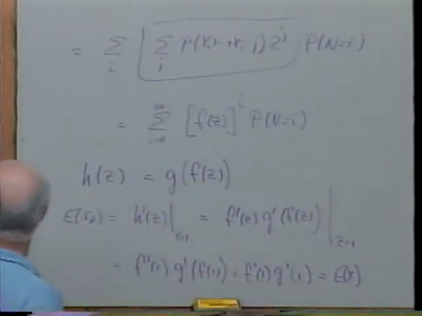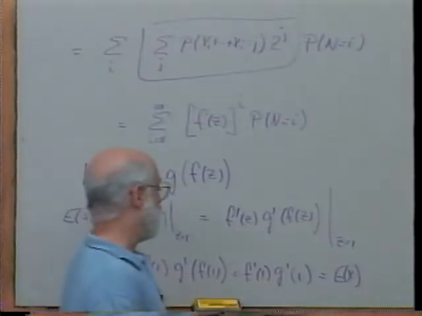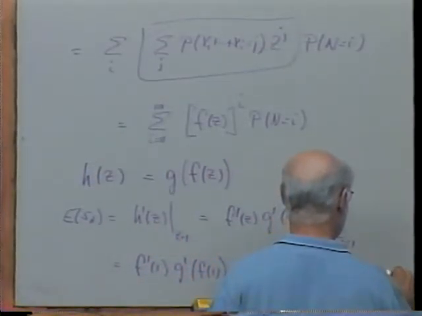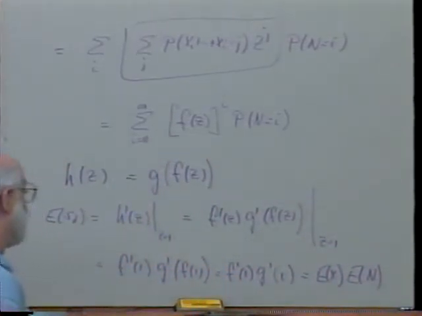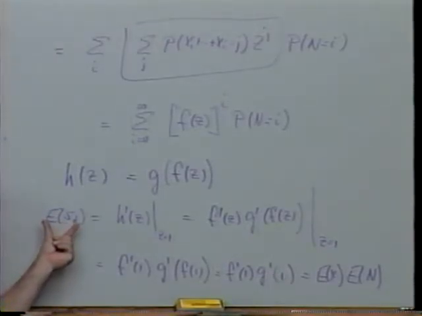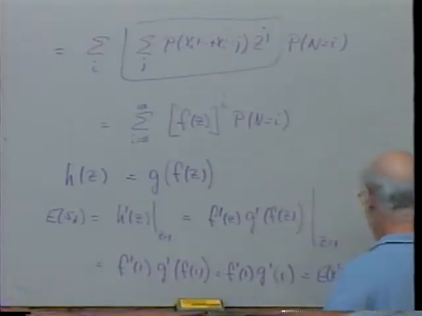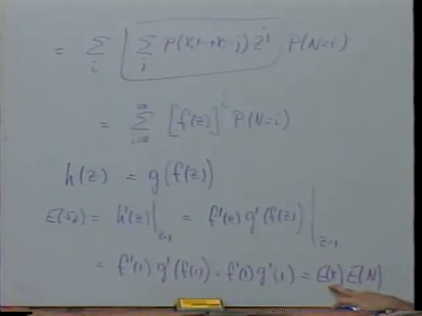And since g is the generating function of n, that's the expected value of n. And so we get the answer that we already knew. This is just an exercise, checking things out, that says the expected value of a sum of IID random variables where n is the random number of x's in the sum is equal to the expected value of the x's multiplied by the expected value of the number of x's that there are. So this is exactly what you would have written down by common sense if someone said you had to make a guess.